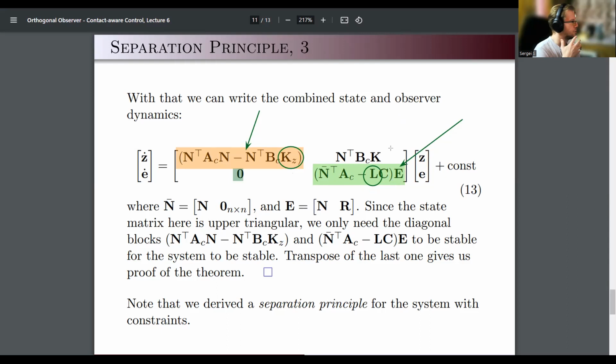So because the eigenvalues of the total system depend on those two blocks, we can separately define KZ that makes the eigenvalues of the orange block Hurwitz, and separately find L that makes the eigenvalues of the green block Hurwitz.